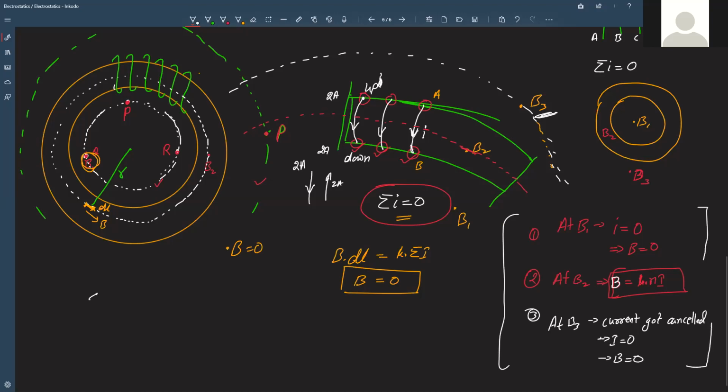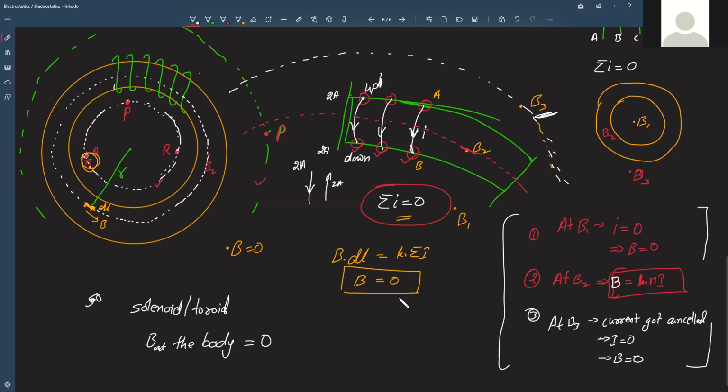If I want to give you a summary or gist of this, it is straightforward: whether you are considering a solenoid or a toroid, in both cases the magnetic field outside the body is equal to 0.